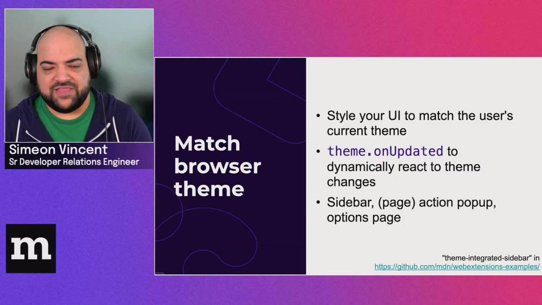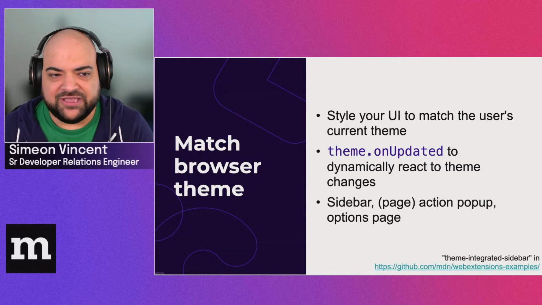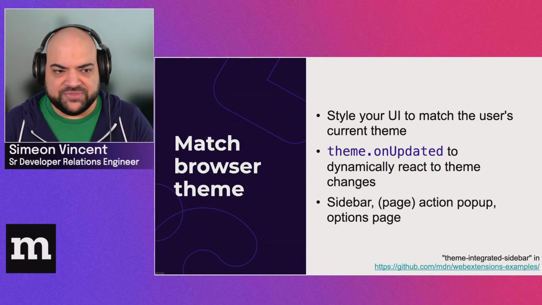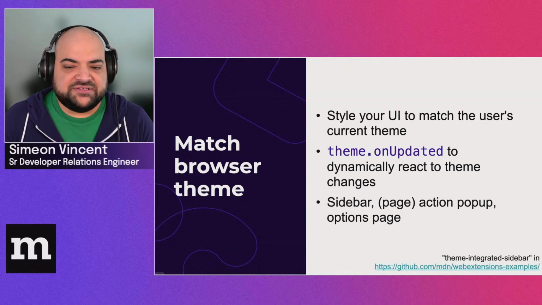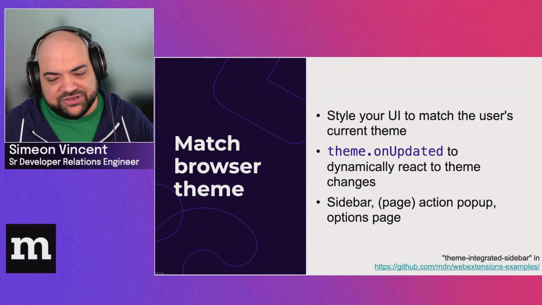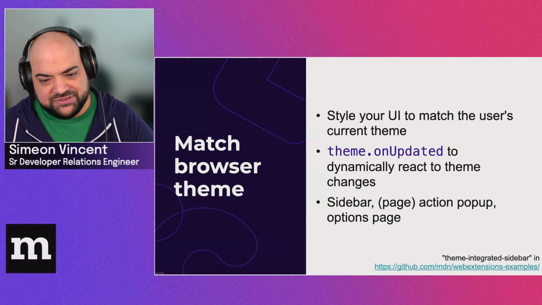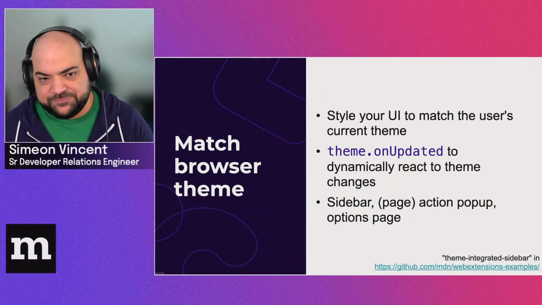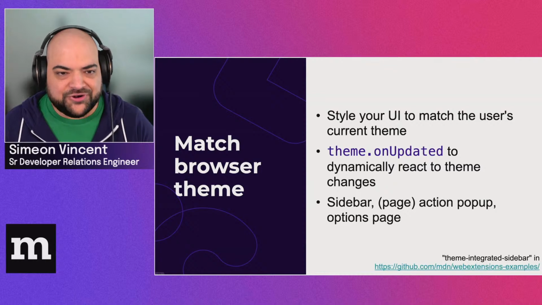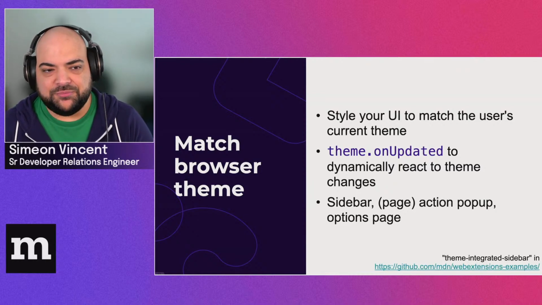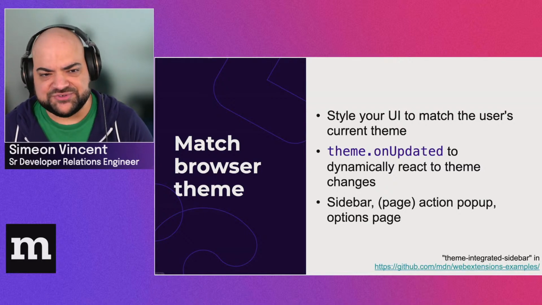They don't allow you to perform this kind of management or introspection of the user's current browser environment. And in addition to the sidebar, you can also do this kind of styling with the page action and the options page. There's a lot that you could do to make your experience feel at home in the user's browser.